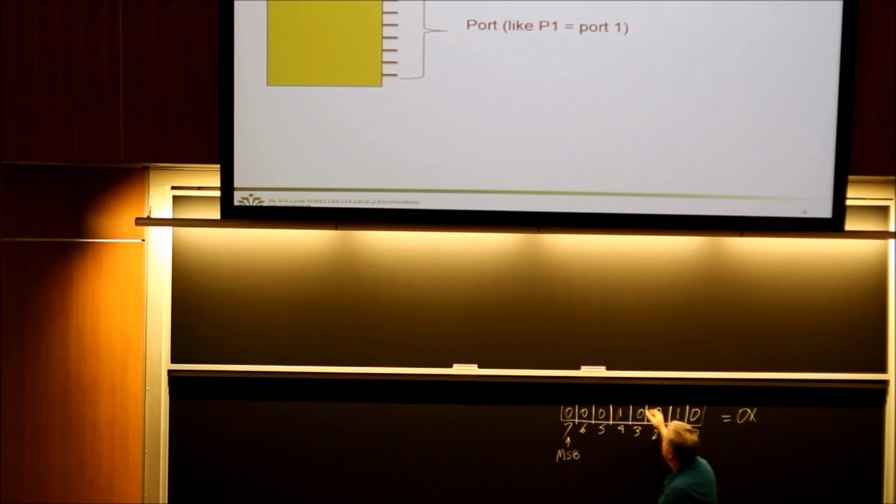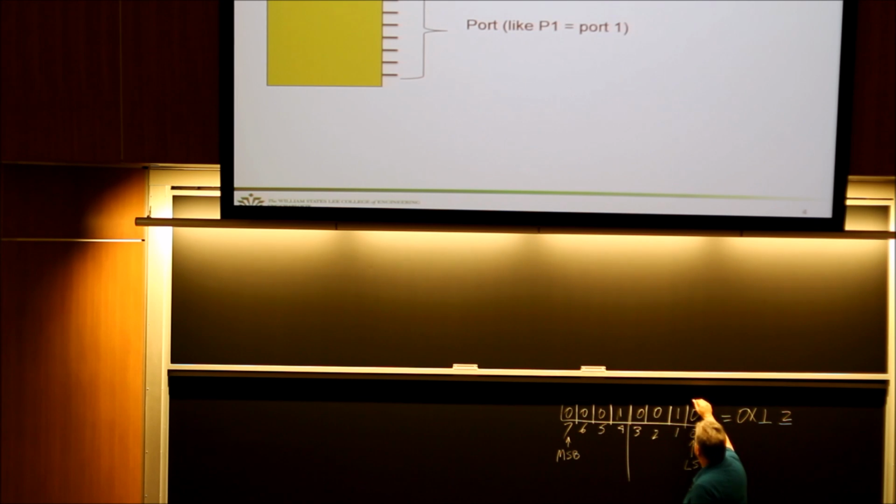Give you a hint. We kind of split it right there, right? And then we grouped them in 4s to make a hexadecimal digit. So what's the value of 0001? 1 in hex. 0010? 2.